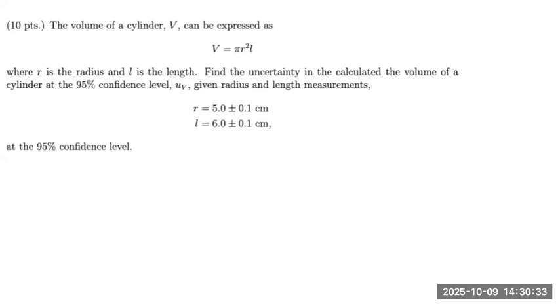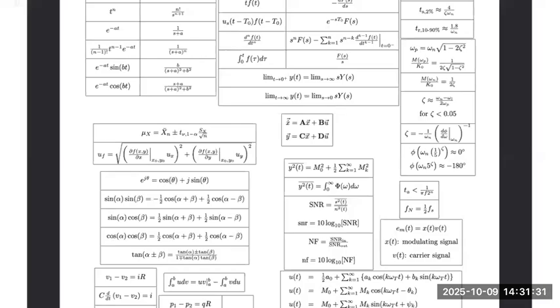So first we have to figure out what equation to use, and we will look at our equation sheet. Basically, this is the equation that we want to use over here. This is the error, and we want to find it at the 95 confidence interval. So let's use this formula.